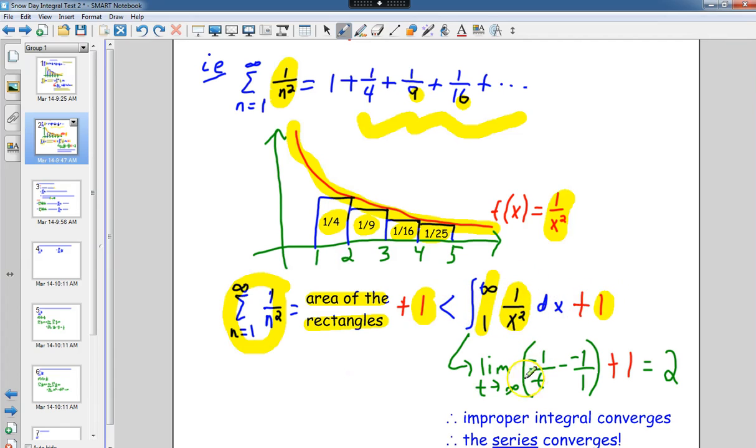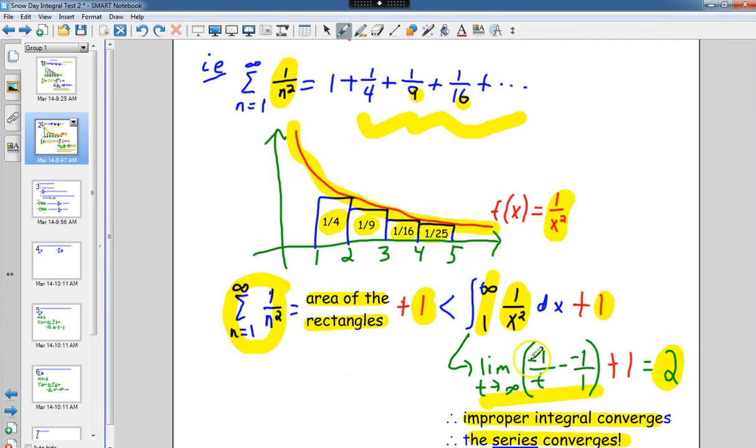And so when we evaluate the improper integral, that itself will give us a value of 1, and if we add 1 to that, we get a value of 2. So since the improper integral here is convergent, and the series itself must be less than the value of this improper integral plus 1, that means that our series must also converge.